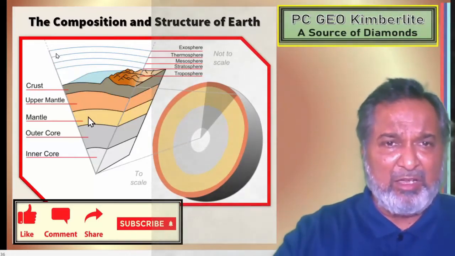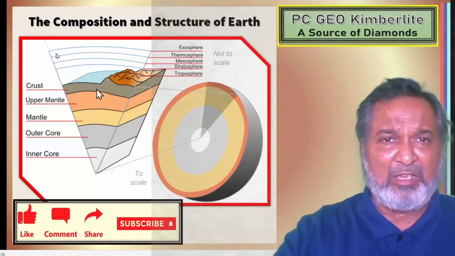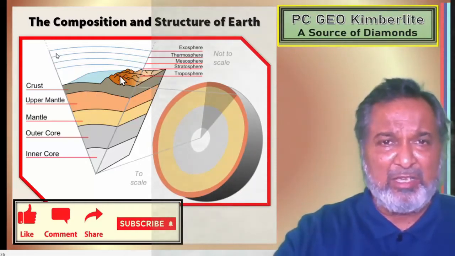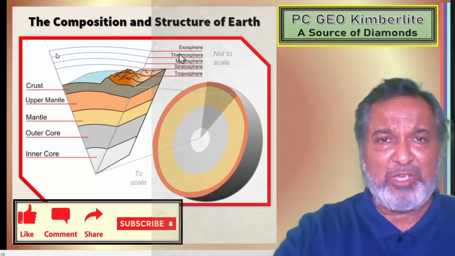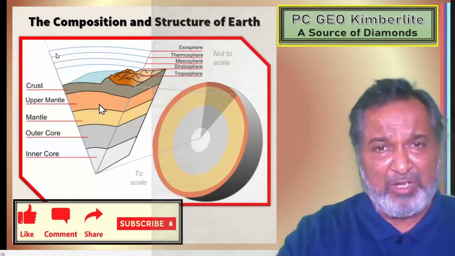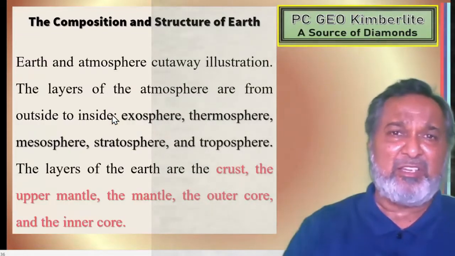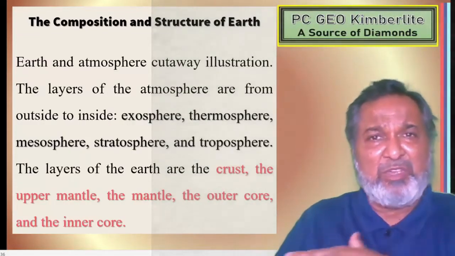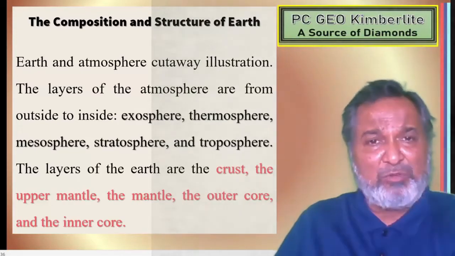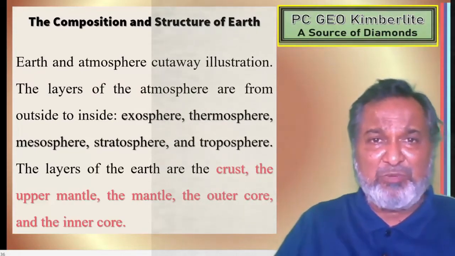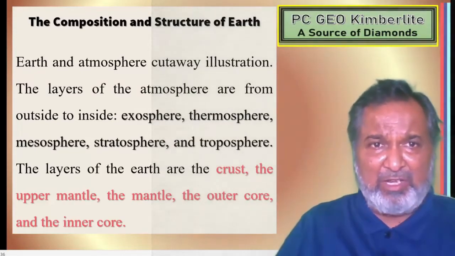We have the mantle, inner and outer, then the crust, that is the oceanic crust and the continental crust, then the atmosphere: troposphere, stratosphere, mesosphere, and exosphere. This is not properly to scale, but this is the composition of the earth from the top to the inside. Now the earth and atmosphere, a cut-away illustration.